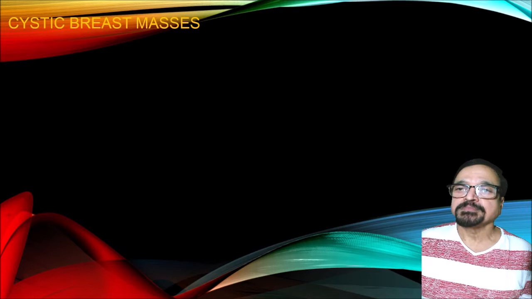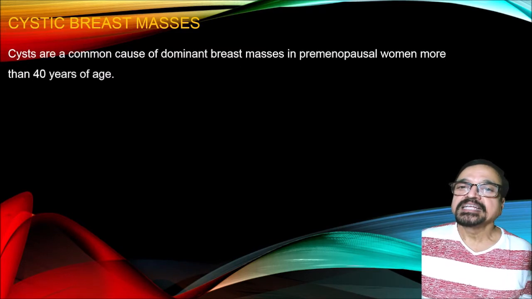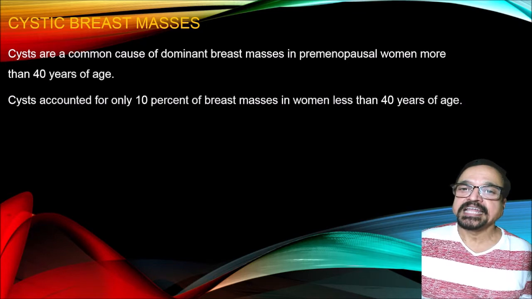Now, cystic breast masses. Cysts are a common cause of dominant breast masses in premenopausal women more than 40 years of age. So, more common in premenopausal women. Here history is again important. Cyst accounts for 10% of the breast masses in women less than 40 years of age.